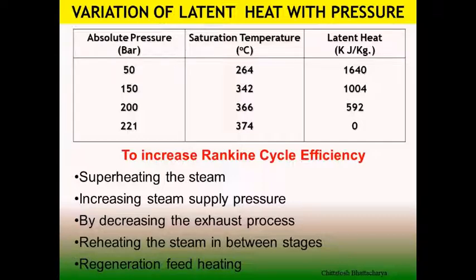In practical application of Rankine cycle, we take out the following modifications to improve the cycle efficiencies. The first one is definitely superheating and reheating, and then next one is increasing the steam supply pressure, and as far as possible we try to optimize the exhaust pressure from the turbine at the pressure at which heat is rejected in the CW system in the condenser.